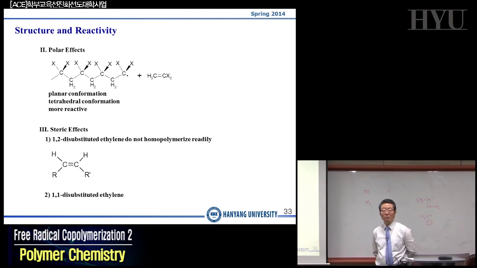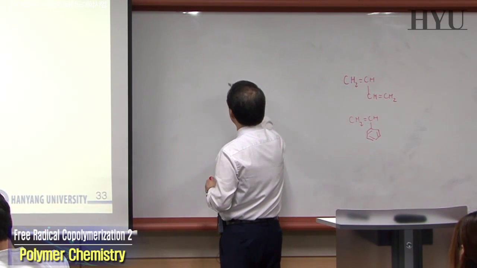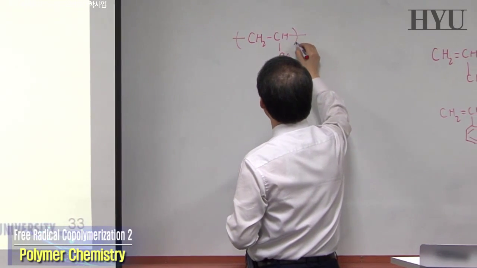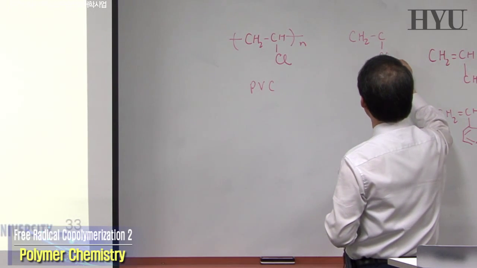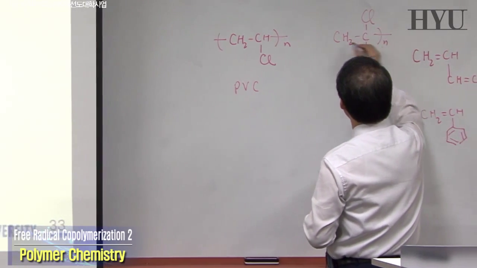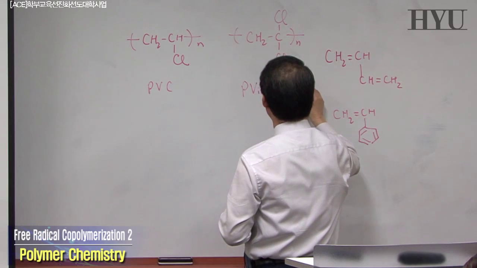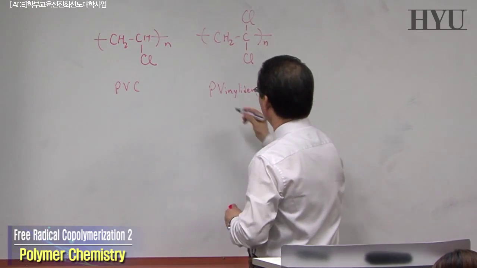PVDC is much more stable than PVC. Okay, PVC is made with just one X instead of two X. If you have two X on one carbon, we call this polyvinylidene chloride.